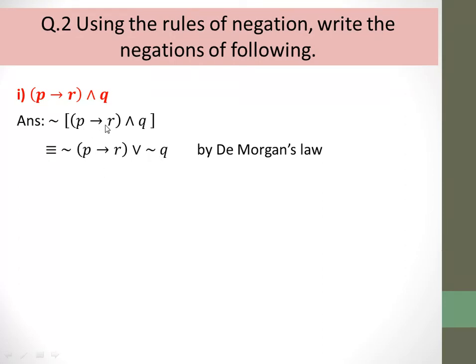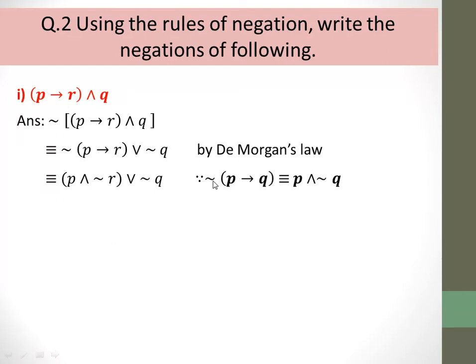See here, P implies R is a single bracket. Consider it as the first statement, and the second one is Q. Both are joined by and, and negation is operated on this whole statement pattern. So by De Morgan's law, we can write it as negation of P implies R, or negation Q. Now we have to solve this bracket also, because we know the negation of implication.